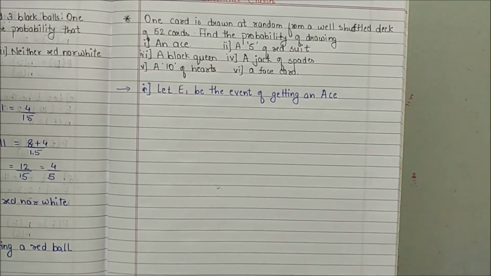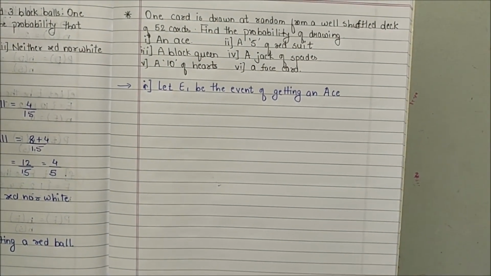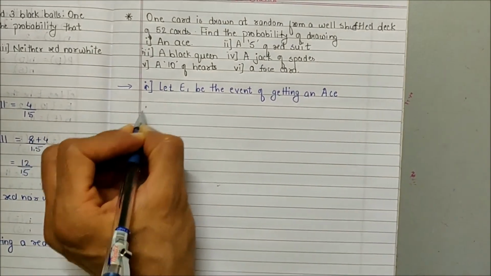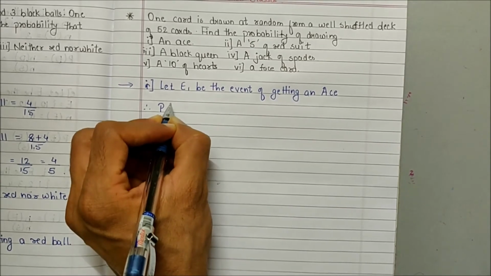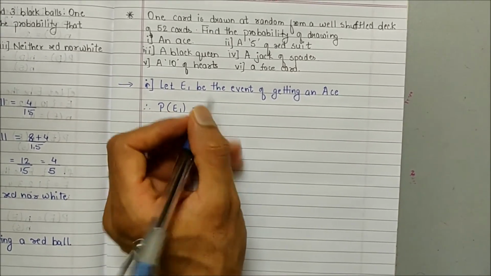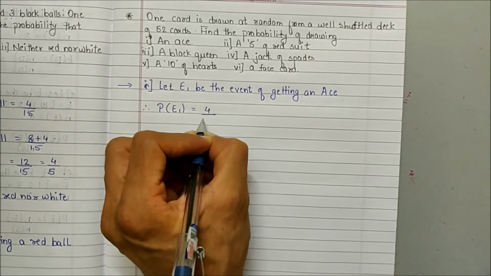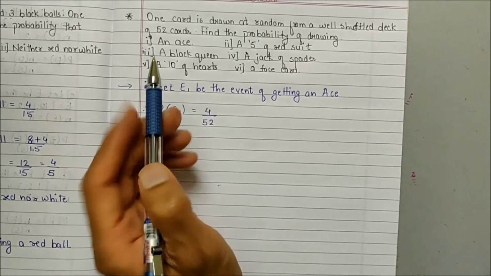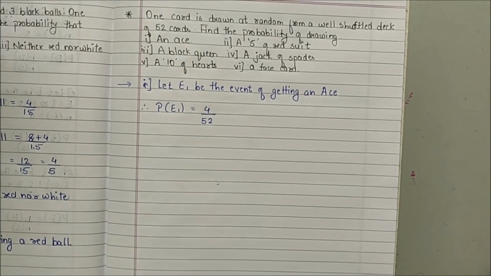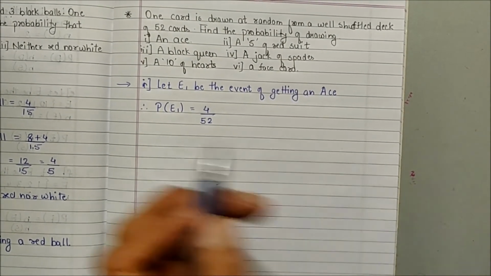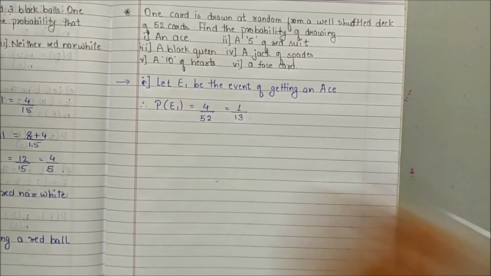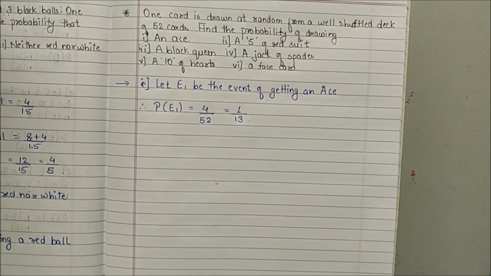So totally we have 4 aces in a pack of well shuffled cards. Therefore probability of the event E1 is going to be 4 upon 52. My sample space n of S is going to be 52 as there are a total of 52 cards in the pack. If you reduce this, it gives you 1 upon 13.